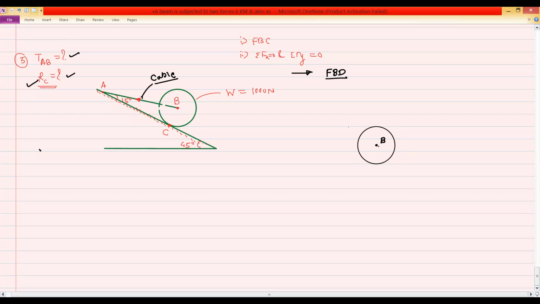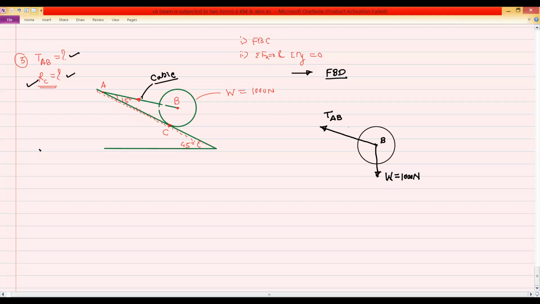This is the center point of the sphere, point B. The cable AB is connected to this point, so we represent that cable as a tension AB. This is the tension vector, or the force vector, in that cable. Then from point B, the self weight of the sphere acts in the downward direction, the negative y direction. This is the weight W, equal to 1000 Newton.